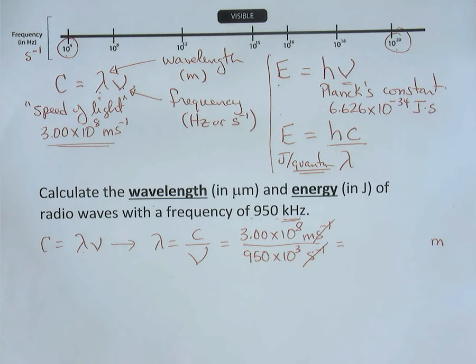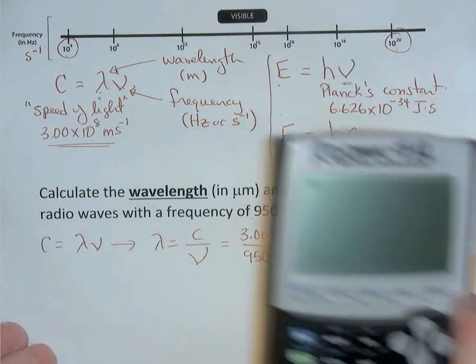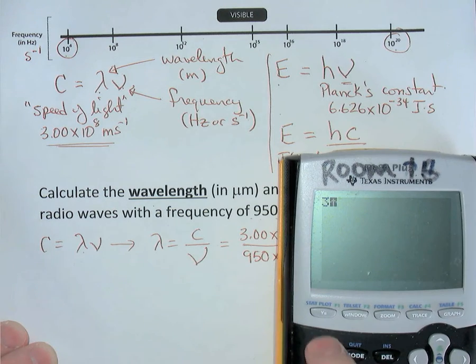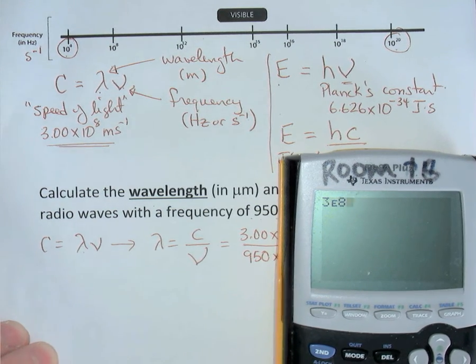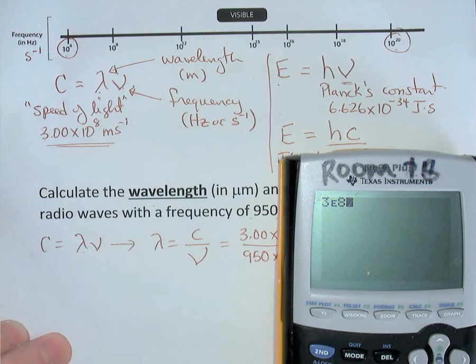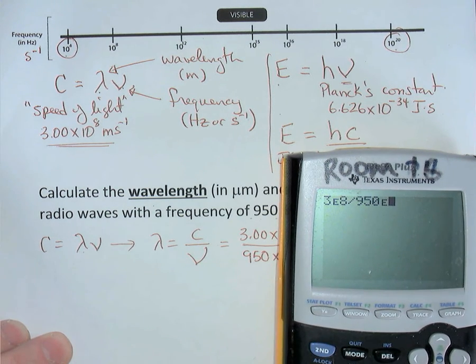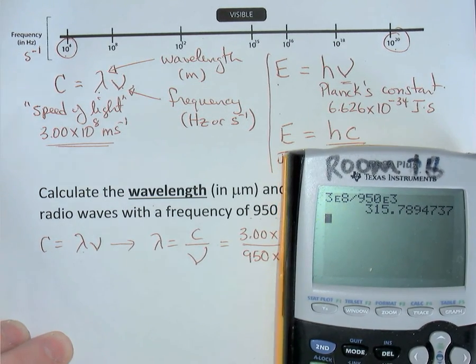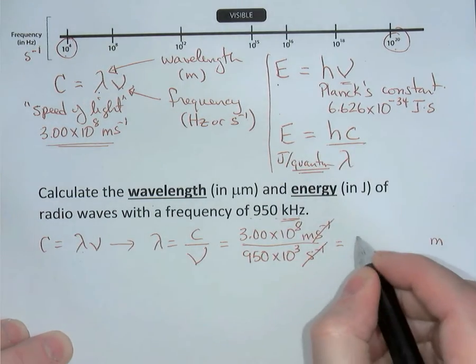So now let's calculate this answer. Grabbing a calculator, be sure you're using the scientific notation button on your calculator. So 3 times 10 to the power of 8. I didn't press the times button when I did that, right? I used the EE button on my calculator, divided by 950, and again the scientific notation, times 10 to the 3, equals 315.78. 316.